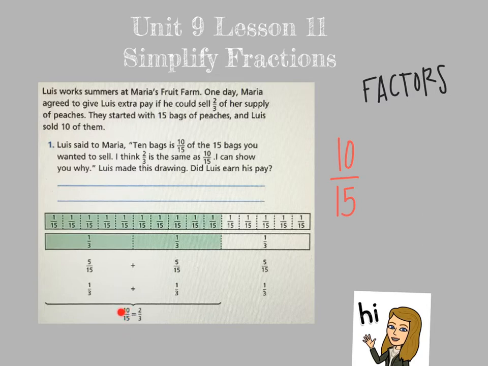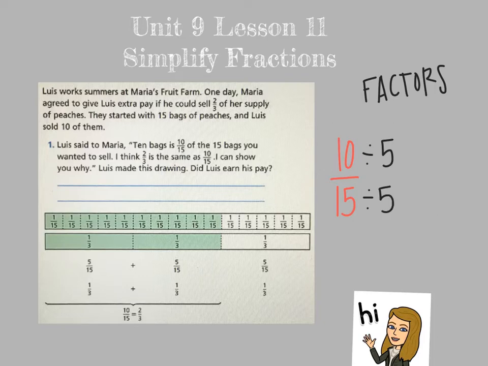So think about, how did they get 10 to become 2 and 15 to become 3? What would you have to divide by? If you said 5, you are absolutely right. The way that you would do this is you know that 10 can be divided by 5 and 15 can also be divided by 5. So when you do this, you need to do the same treatment to the top and bottom.